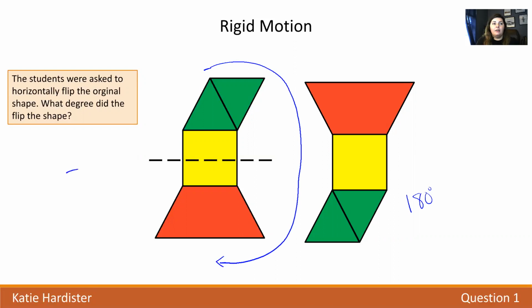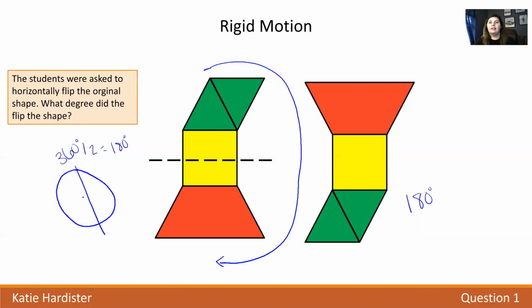If we think about a circle, and that is not a very good circle, we know that a circle is 360 degrees to make a full circle. So if my shape only went halfway, then that means 360 divided by 2 is 180 degrees. So I know that the students only flipped the shape 180 degrees.